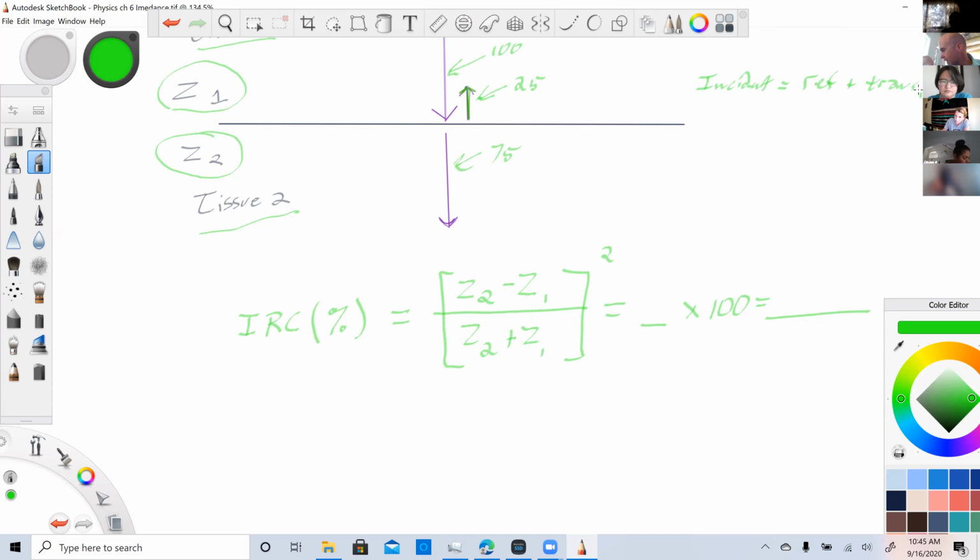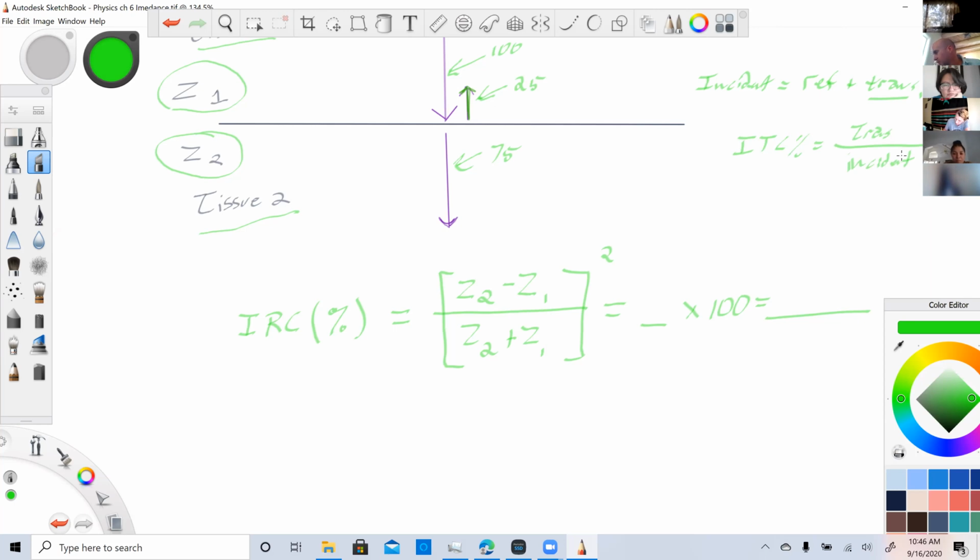And we could write this different ways. We could also say the intensity transmission coefficient percentage is equal to the transmitted divided by the incident. Wait, why would that?